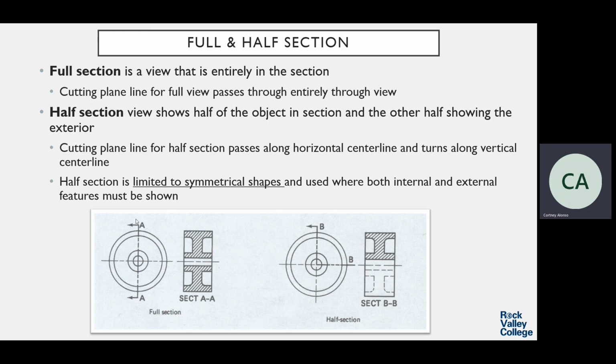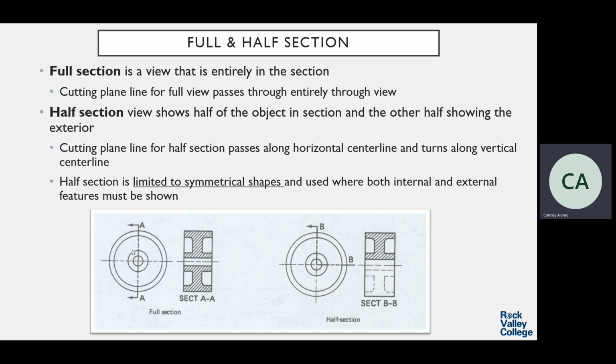A half section shows half of the object in section and the other half showing the exterior. You can see a very easy view of the difference in this example at the bottom. I'm cutting straight through the part, so I have a full section. This is section AA, and I'm viewing to the right.